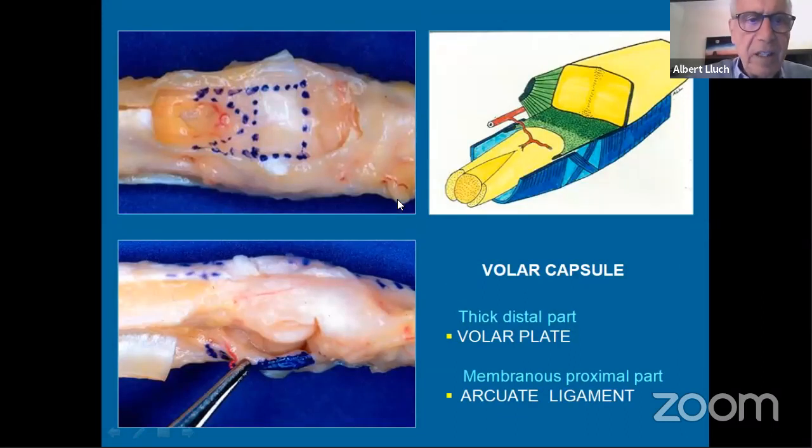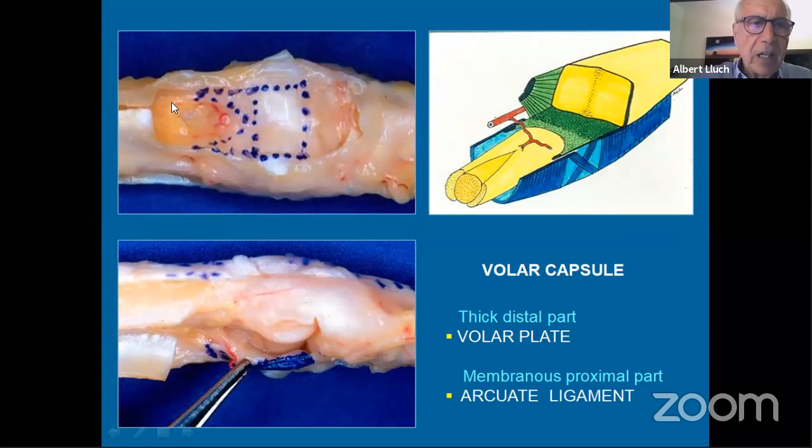And now we'll see in more detail the volar plate, or the volar plate capsule, I should say. The volar capsule, this is the volar part of the finger. Here we have proximally on the left the A2 pulley, and here the A4 pulley. And the volar capsule is formed by a thick distal part, dark green.